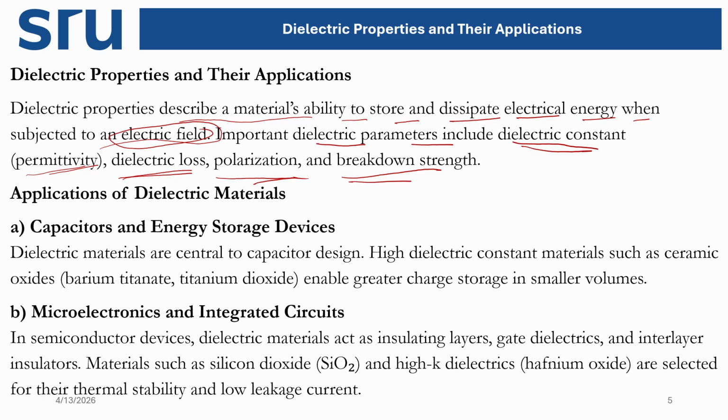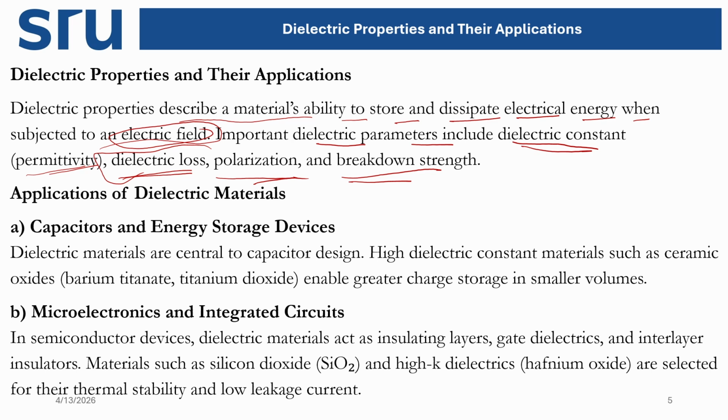Dielectric loss: we use an electric field for the molecules to store energy, but the applied field can be used for multiple purposes as well, not only energy storage. It may cause movement, or generate heat. Because of this process we lose some energy, and that is called dielectric loss.